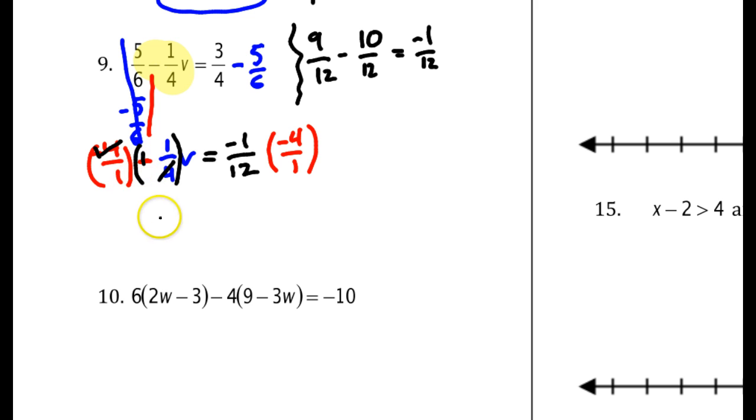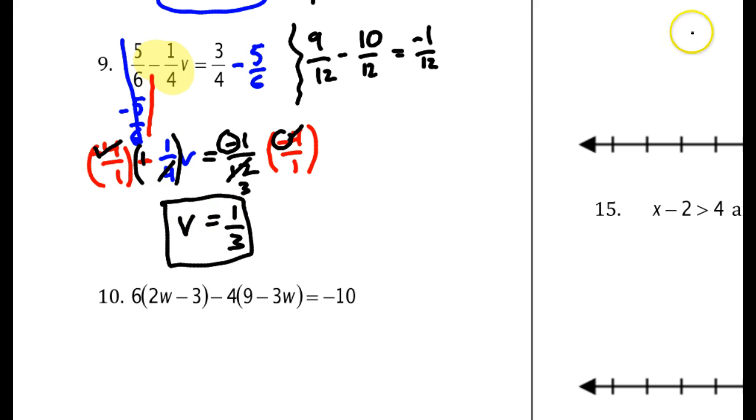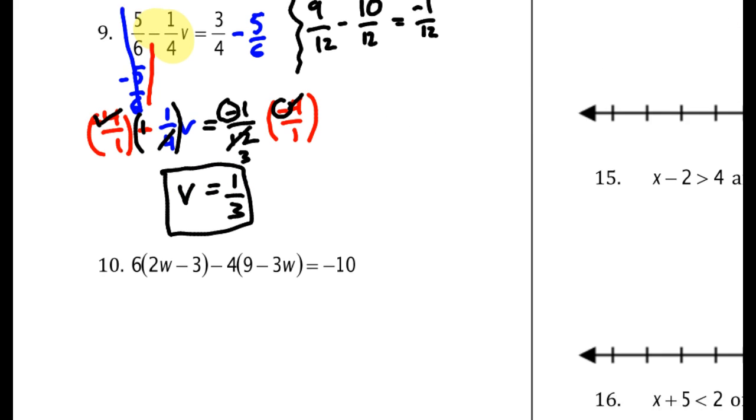I'm multiplying by this. So I have positive 1 now, which equals, let's see here, 4 and 12. 4 goes into 12 3 times. And then again, the negatives cancel out. Negative times a negative is a positive, so I have positive 1 over 3. And again, if you have the time, you go back and check that to make sure it actually works.